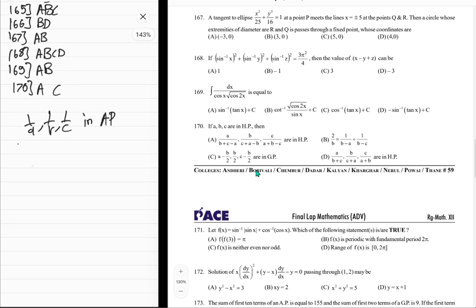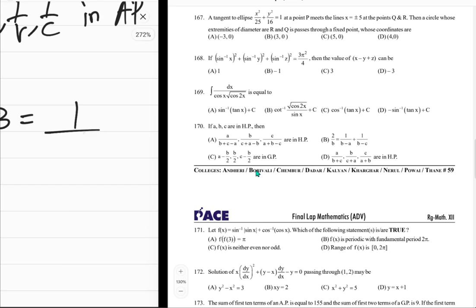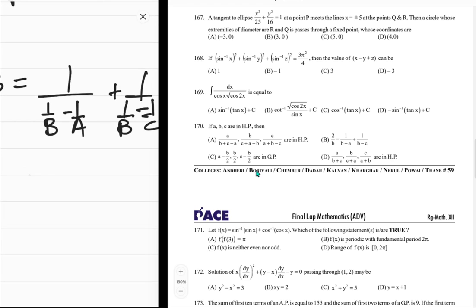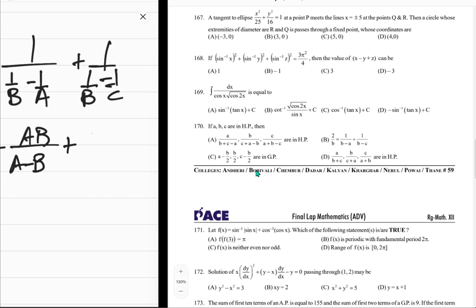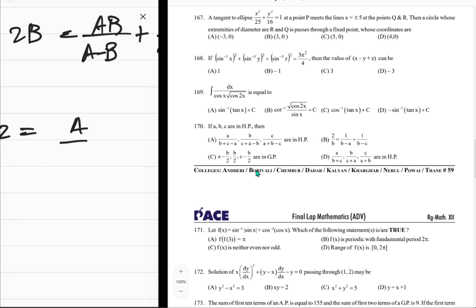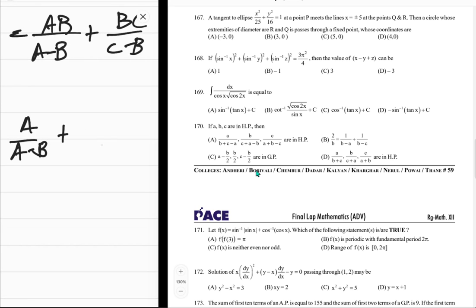So what you are saying is that 2 capital B equal to 1 upon capital B minus 1 upon capital A plus 1 upon capital C, ठीक है, just see this, AB or A minus B. In other words, 2 is equal to A upon A minus B plus B upon C minus B.